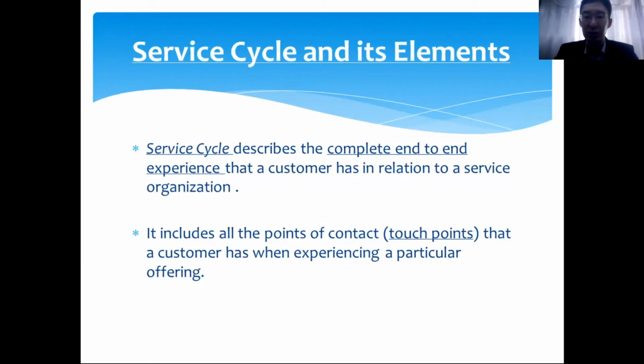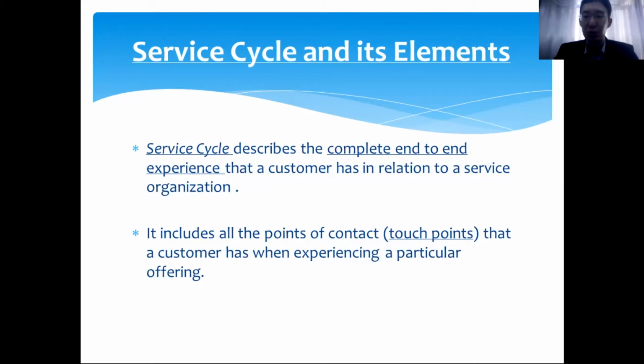The other thing we should mention is that the service cycle includes elements, and usually those elements are called points of contact or the touch points. So basically, touch point is when the customer experiences something. It can be pleasant, it can be unpleasant.